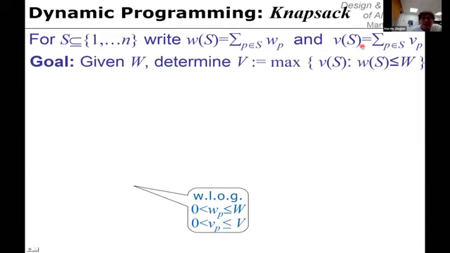And our goal, remember, is to solve the maximization problem. That means we have a weight constraint imposed by the airline, and we want to determine the maximum value that can be achieved by a suitable subset S of the packets that respect this weight bound.